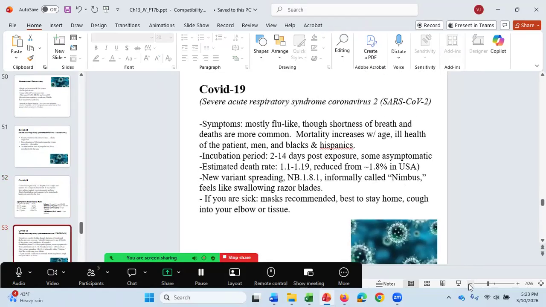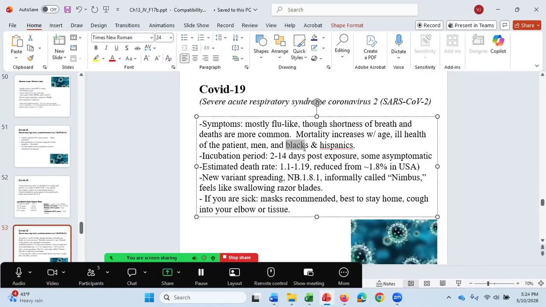All right, the symptoms of COVID-19 are mostly flu-like, though shortness of breath and deaths are more common. The mortality increases with age and with the ill health of the patient. Mortality is higher in men than in women, and it's higher in blacks and Hispanics than it is in whites and Asians. And this has been confirmed in the blacks, at least, and the Hispanics in the United States, Canada, and Mexico.